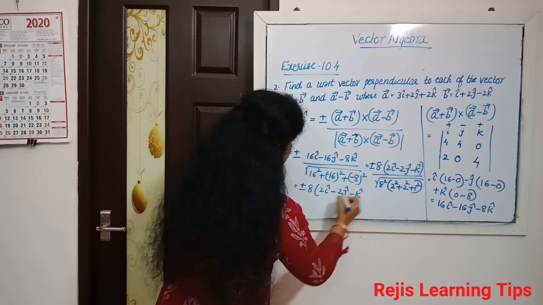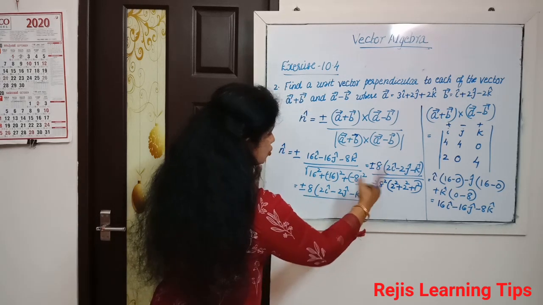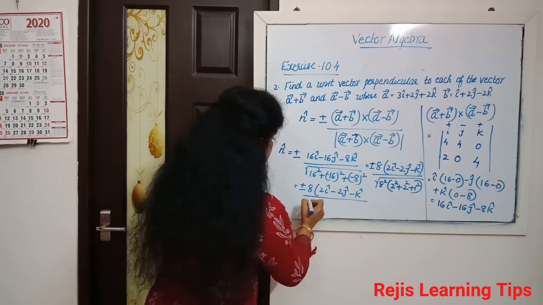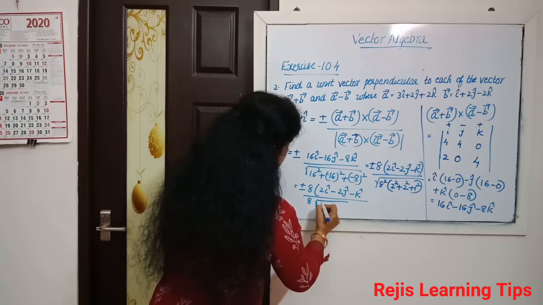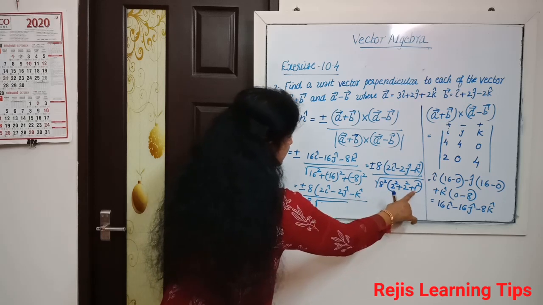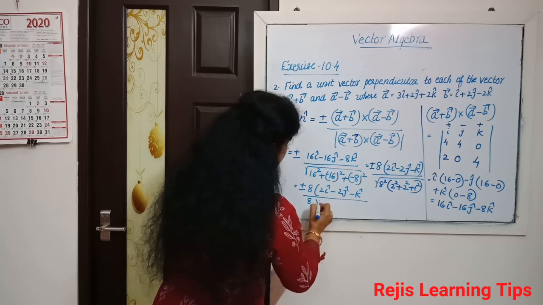minus k cap divided by this 8 square we should take outside of the root, then we will get 8 into root of 4 plus 4 means that is 8 plus 1 means 9, root 9 means we will get 3.